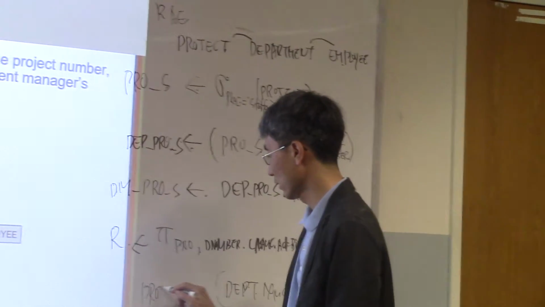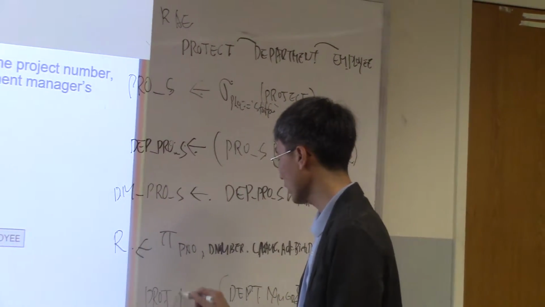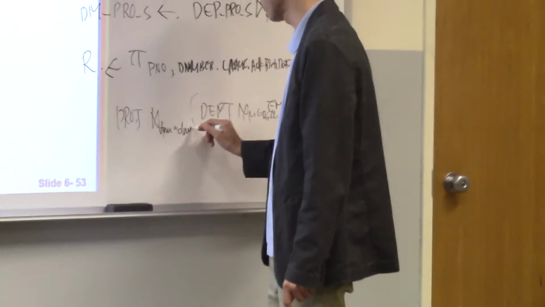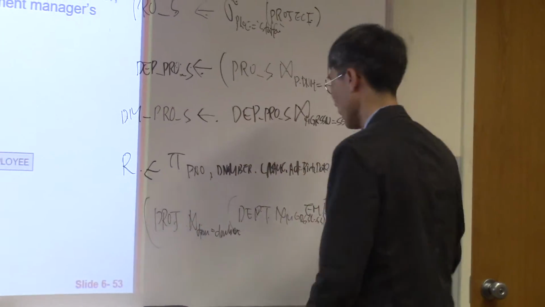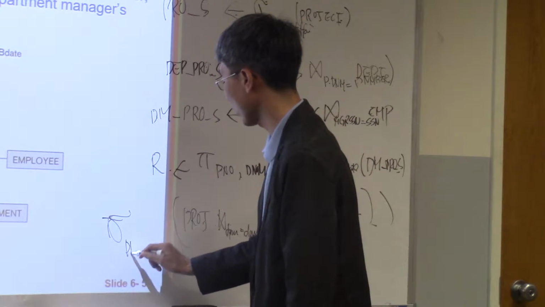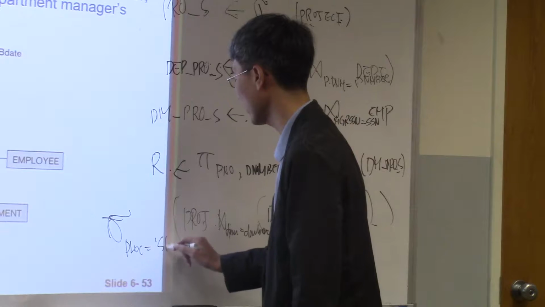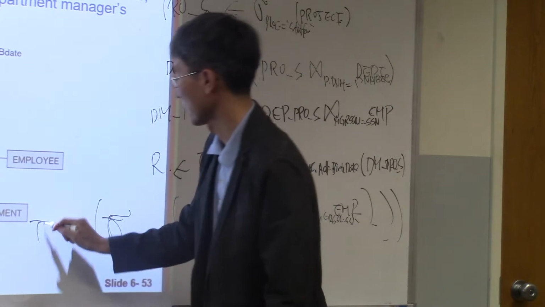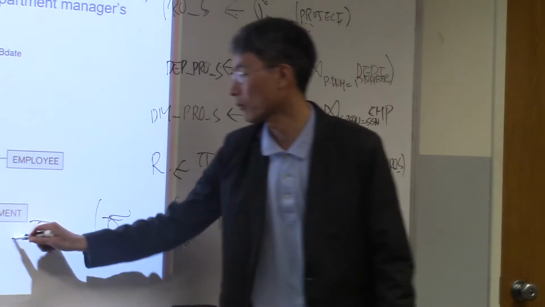Project, where D num is the same as D number. Then selection, the P location is Stafford. Then project. Then the final output.